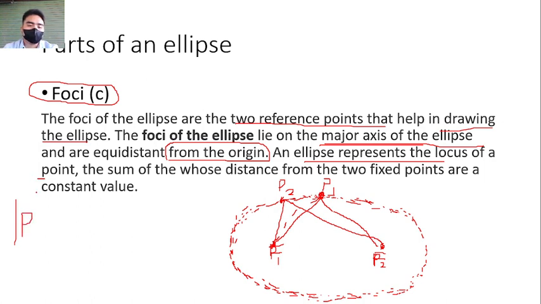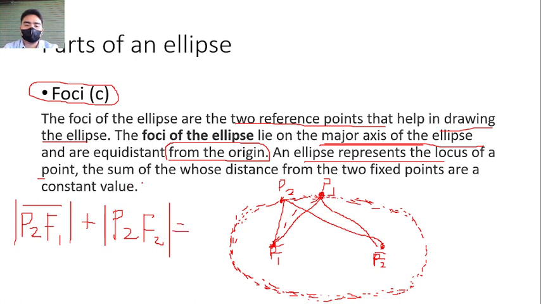From your P2, F1, plus this segment, plus the magnitude of P2, F2, it is equal to 2A. Please take note of that one.